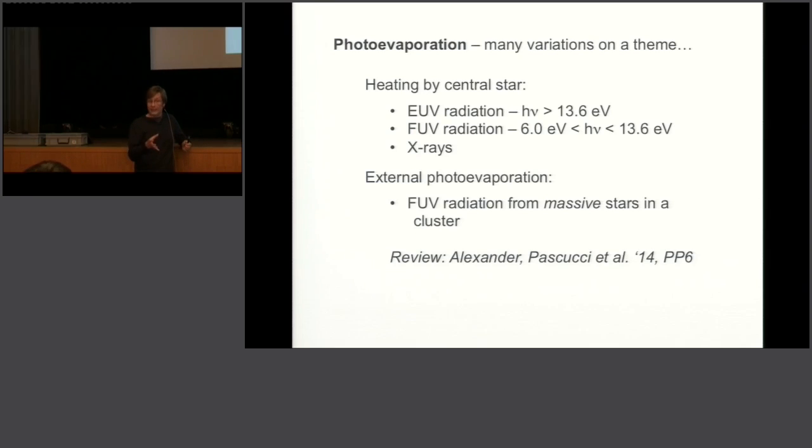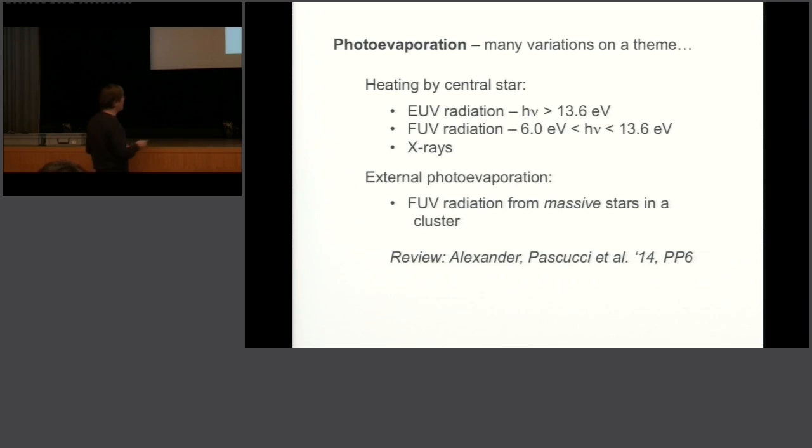And if you're a low-mass star relatively close to the core of Orion, those ultraviolet fluxes from this external source of radiation may be very strong on the disk surface. So this can be important if you're in a cluster, and obviously the more massive a cluster you're in, the higher up the mass function you expect to populate with stars, and so the more important these external sources will be generally compared to the internal sources of photoevaporating radiation.